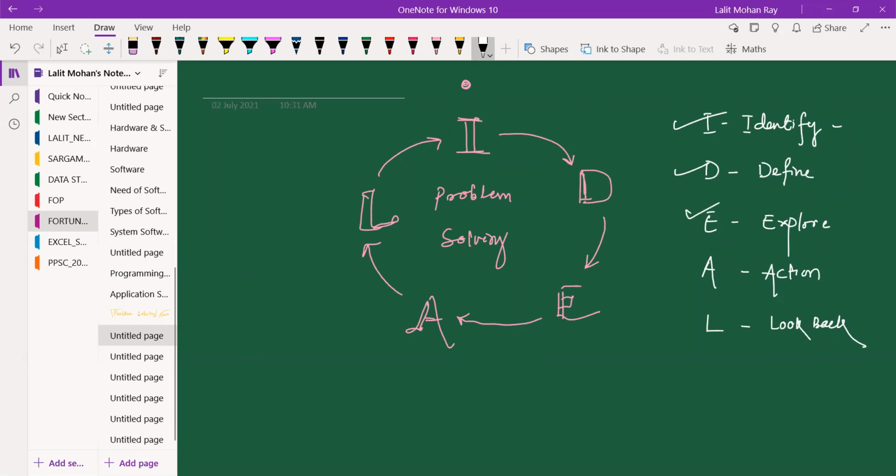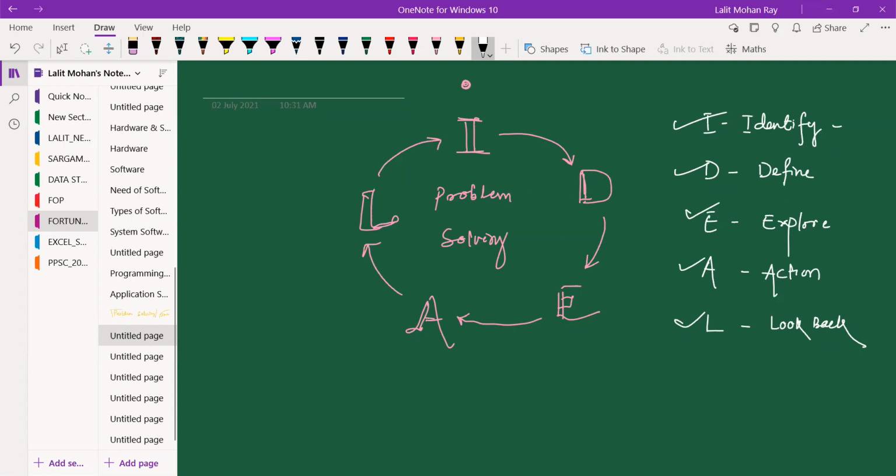This is exploring, right? Then after getting the suitable alternative, we have to apply it and work on that method for getting the best solution. So that is action. After getting the solution, we have to look back for cross-checking our result, whether it is correct or not. All of you clear? Yes, sir.